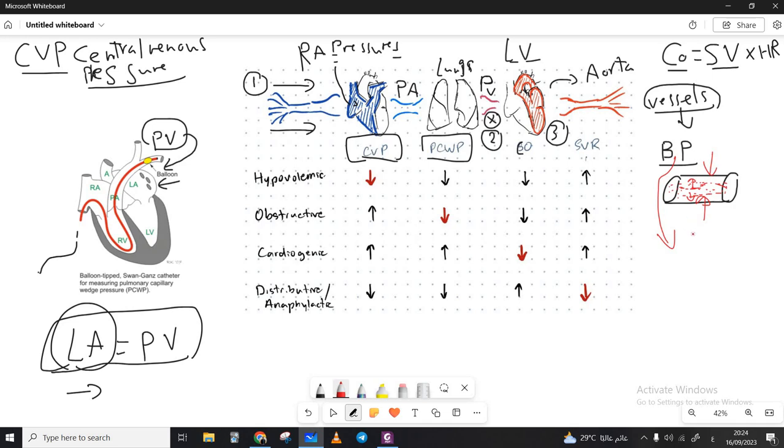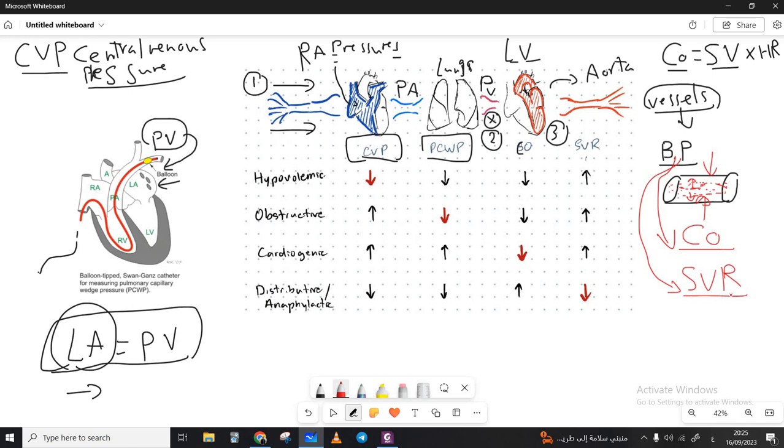That's why blood pressure depends on how much cardiac output you have, because this determines how much volume you have. The next thing is how much pressure you have, and the pressure, also called resistance, also controls the blood pressure. This is a very, very crucial concept to understand.